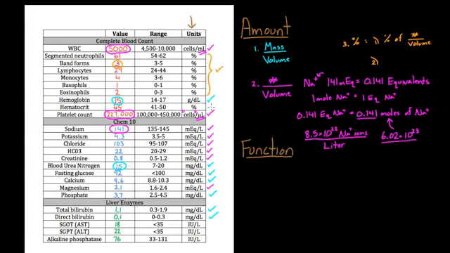Another way to think about percent would be like this one right here. You think about, what does hematocrit mean? 45%. What is that percent of? That's a percent of total blood volume. So if I took the total blood volume, whatever that is, I just take, let's say, some blood out of my arm, and let's say it's 10 milliliters, then 45% of it, or 4.5 milliliters, would actually be red blood cells.